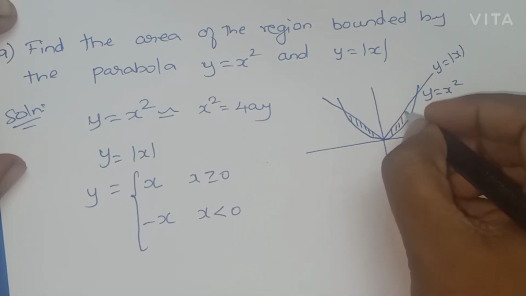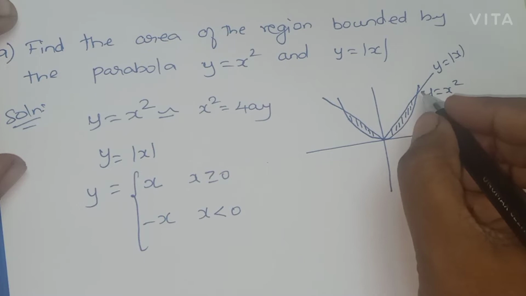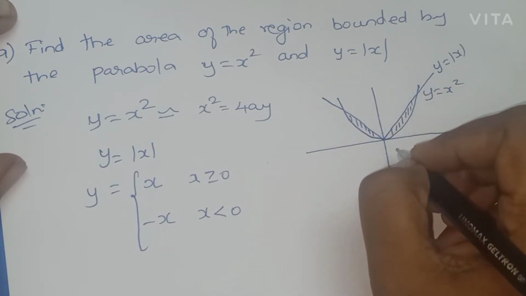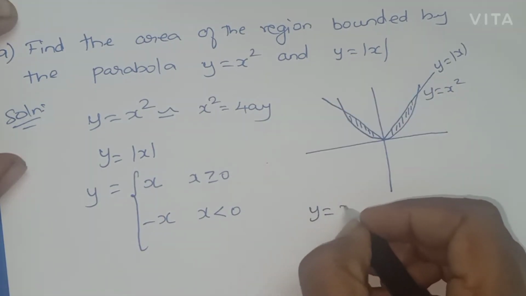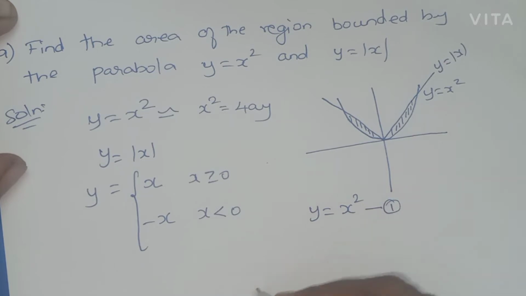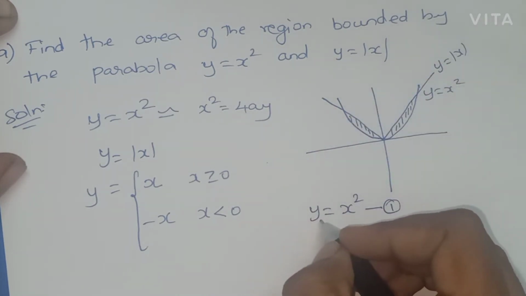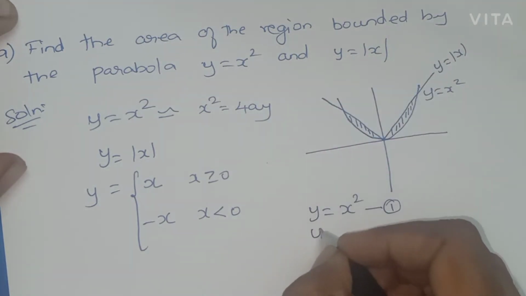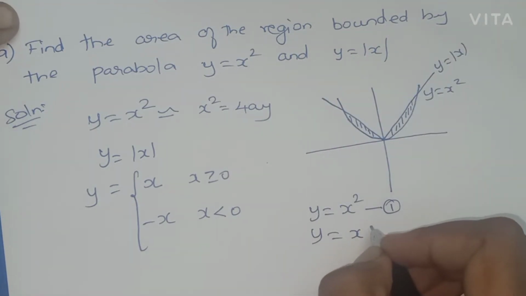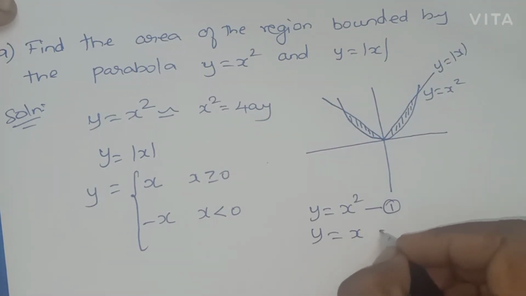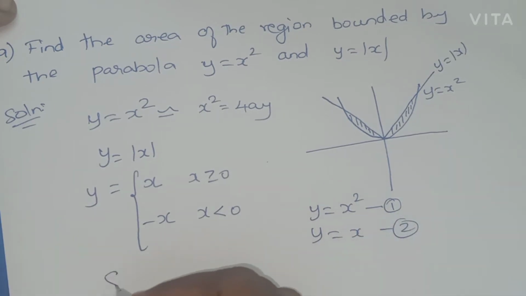In order to find the area of this shaded region, we have to find the points of intersection. One thing, y is equal to x square. Let us name this equation 1. Now if I consider positive x, y is equal to modulus x. In that, substitute 2 in 1.